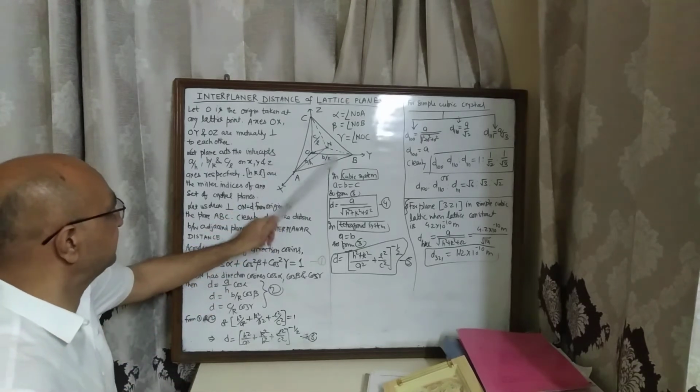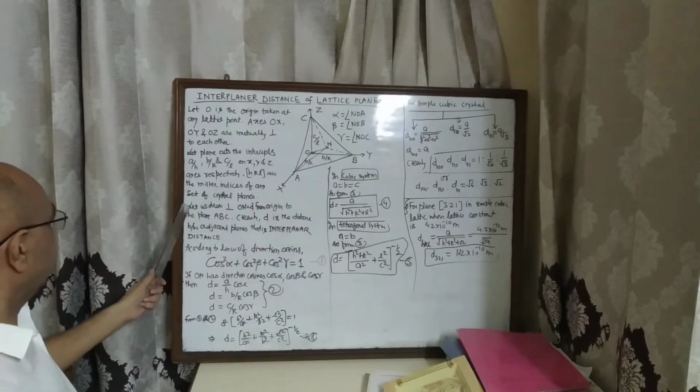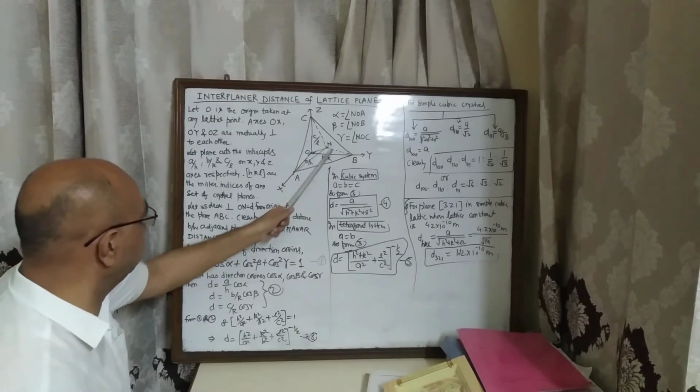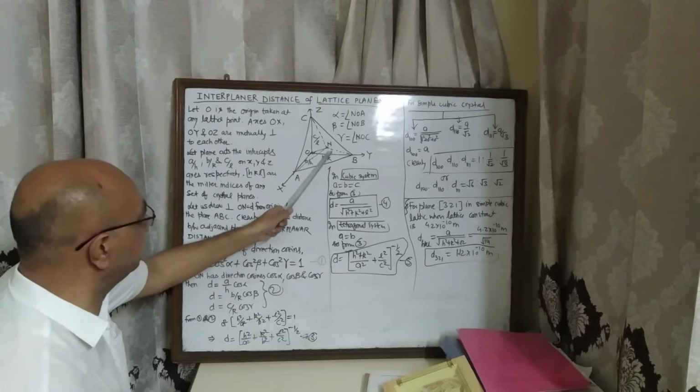This ABC is the given plane. Let us draw a perpendicular ON from the origin O to the plane ABC.